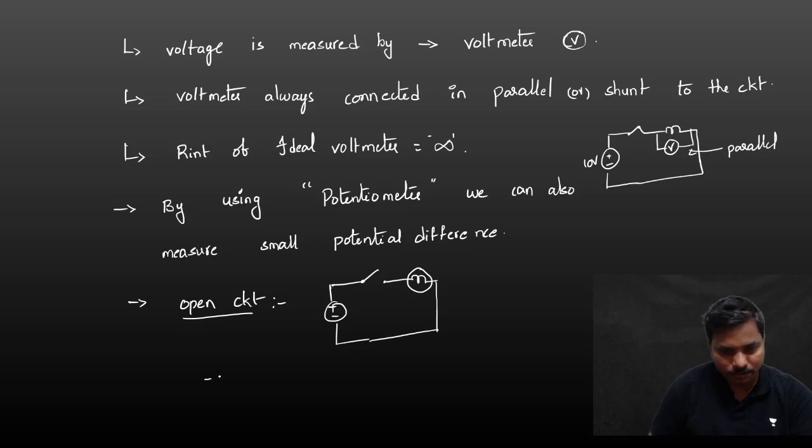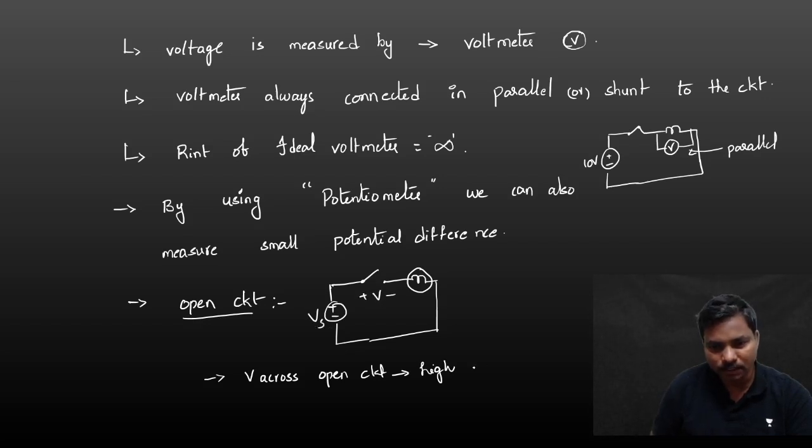In this case, the voltage across the open circuit is high. If the source voltage is Vs, the voltage across this is almost equal to the supply voltage and the current flowing is 0.